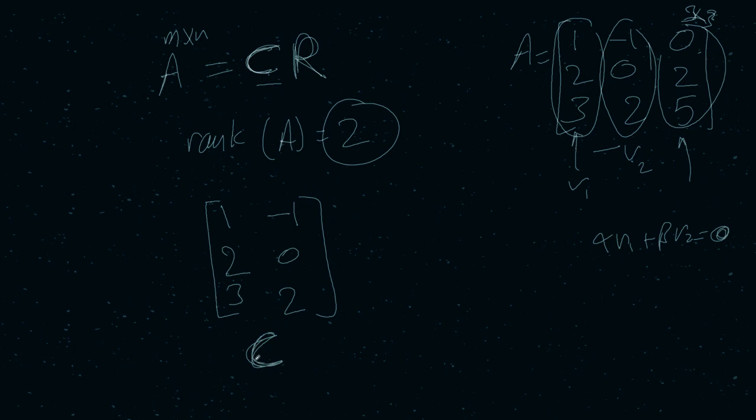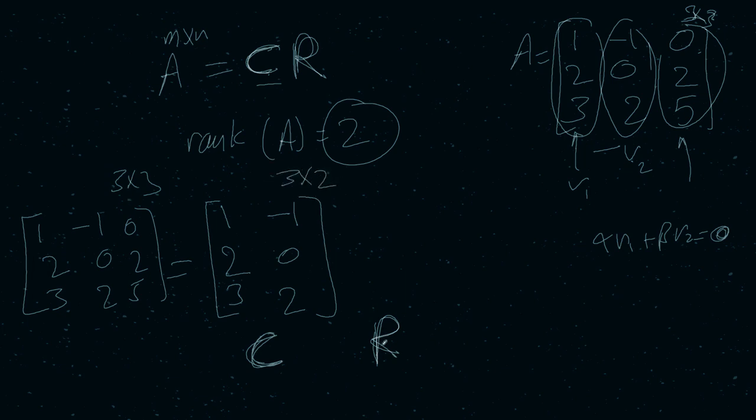Now I can multiply this matrix C with another matrix R, where the result will be the same as A, which is 1, -1, 0, 2, 0, 2, 3, 2, 5. So what is the dimension of matrix R? Now A is 3 by 3, and C is 3 by 2.